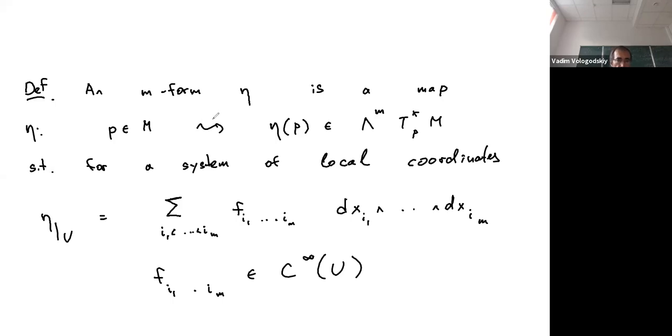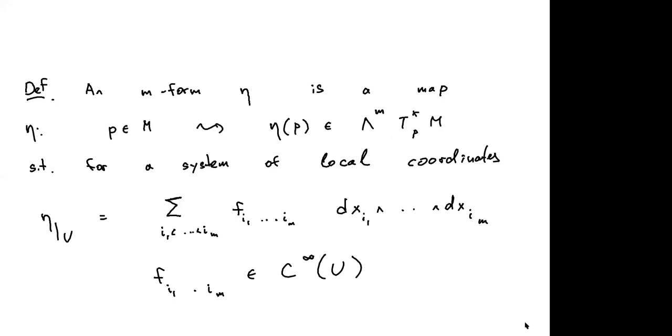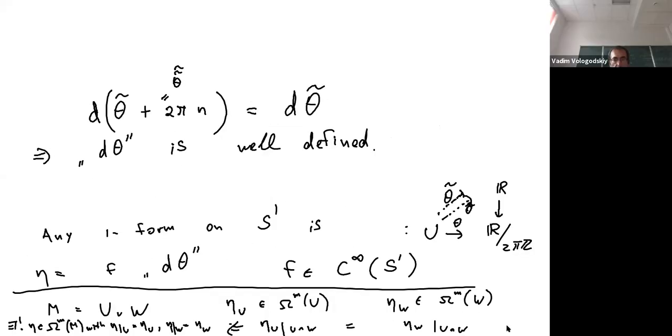If you have a function, I want to think of this as a map that assigns to every point P just a number. Then I can multiply one map by a function pointwise. For every P I multiply.